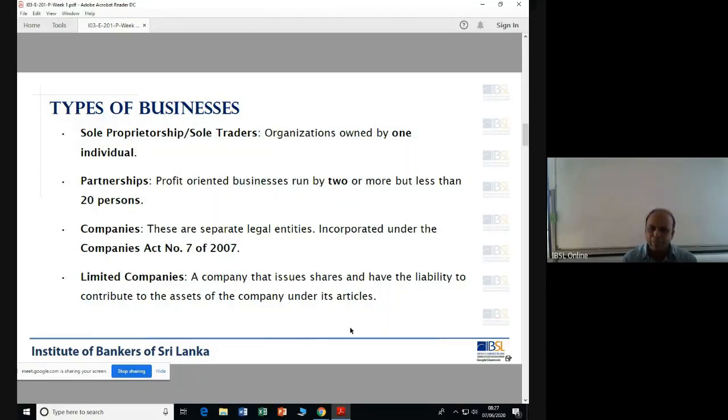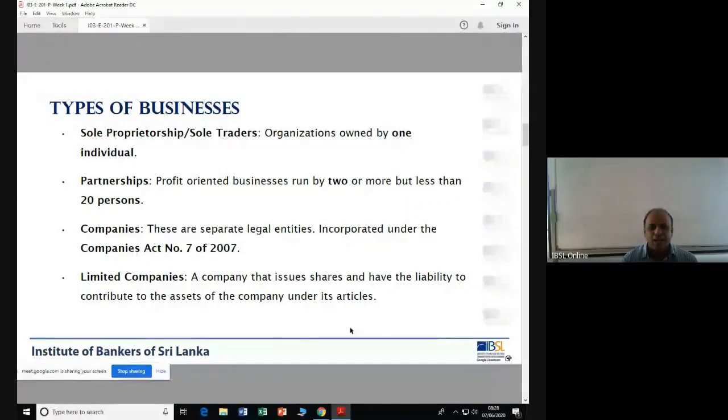So partnership is a profit-oriented business which is run by, you have to note it very clearly, not only two people, it could be more than two people. What it means is any business that has more than one owner becomes a partnership. But we need to remember that the number of persons involved in the business should be less than 20.